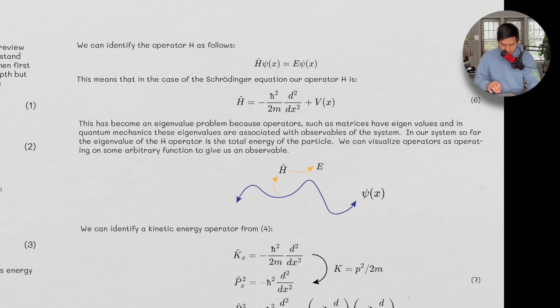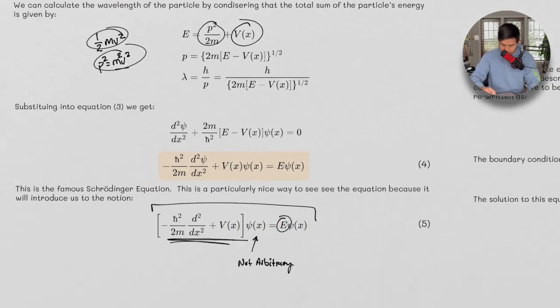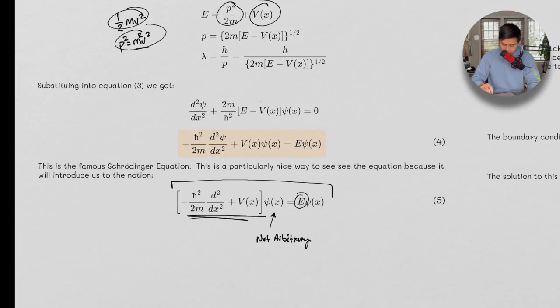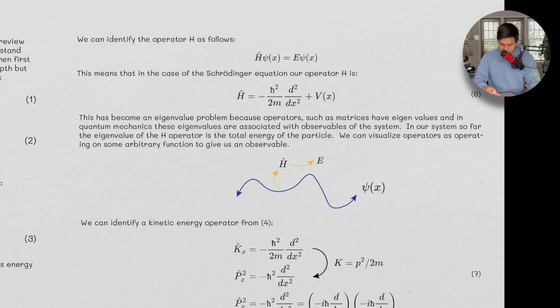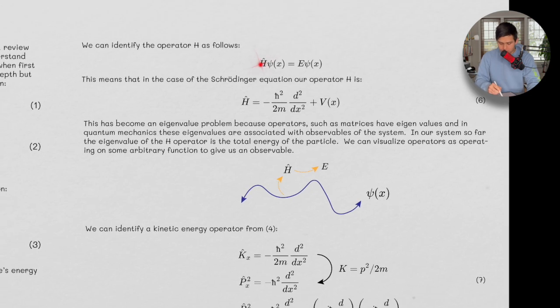So we can identify the operator H then as follows. So H is going to be all of this stuff in here. And H then is an operator, and its associated eigenvalue is E, which is the energy. And right here we have H is equal to all of this.